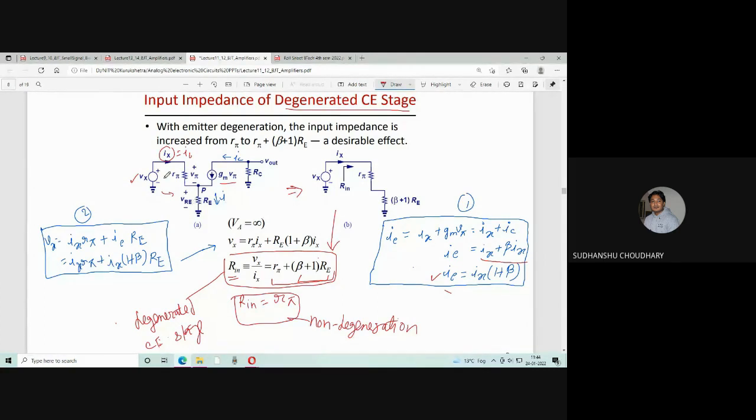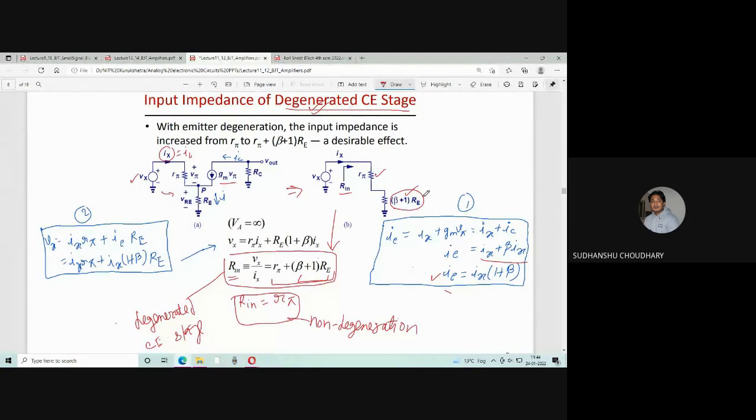So this portion which is used to calculate input impedance can be simplified into this circuit as per this equation. So this equation says that input impedance is equal to R pi plus beta plus 1 Re. So here also R pi plus beta plus 1 Re, which is input impedance. So we understood this beta plus 1 Re has to be included whenever we are trying to calculate the input impedance for common emitter with degeneration.